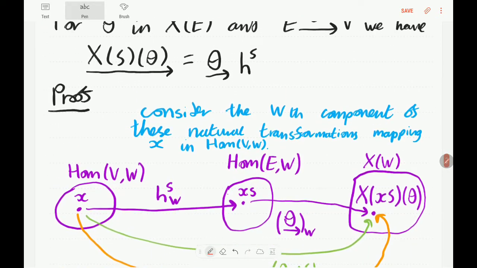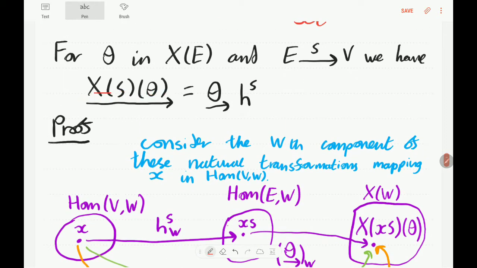So to prove this, basically we have a natural transformation here and a natural transformation here, and we want to show that they're equal. So we'll just pick an arbitrary component.